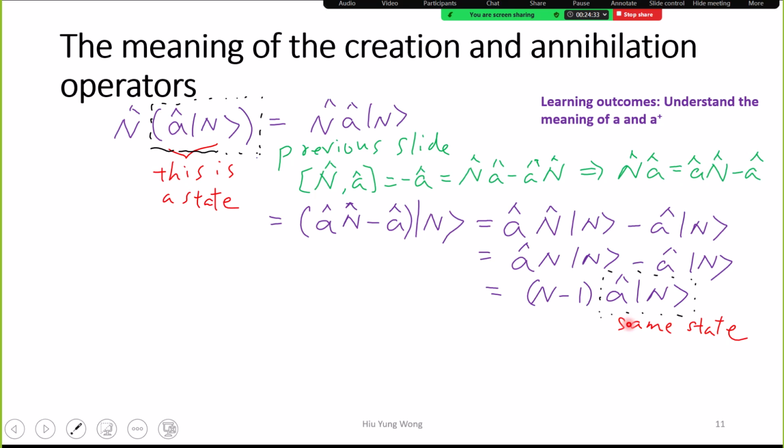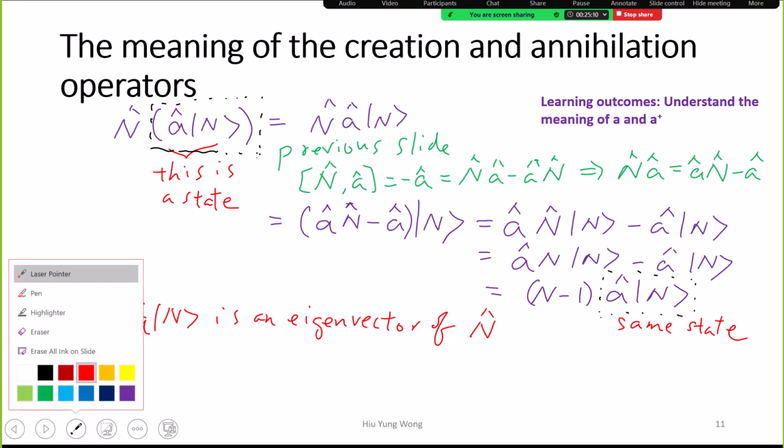Then what does it mean? It means A hat N is an eigenvector of N hat. Correct? Because I apply N to this state and get a number times this state.